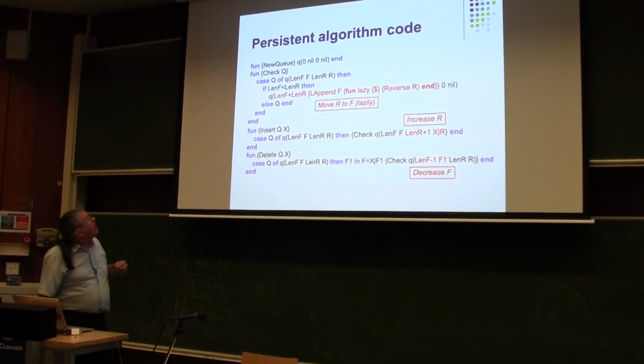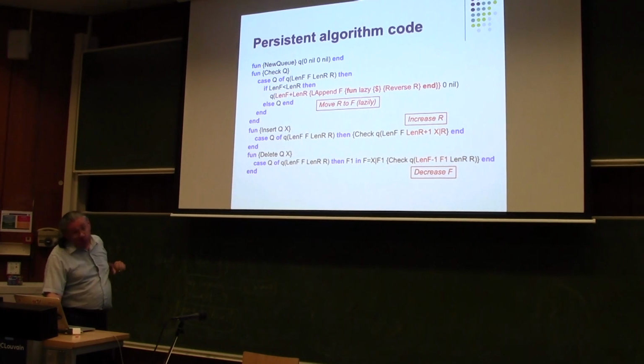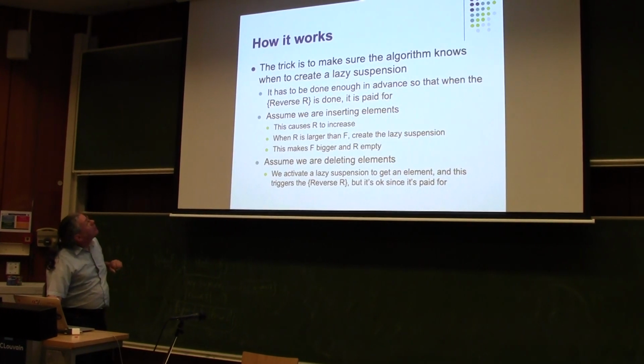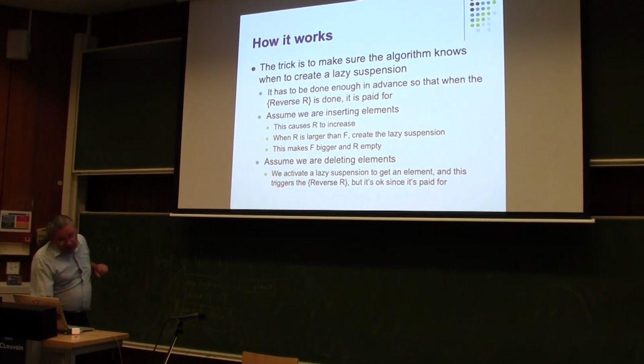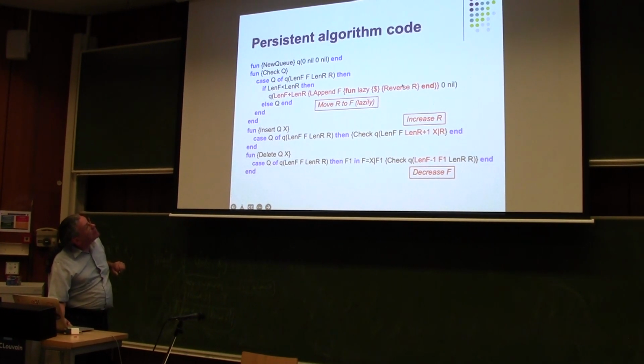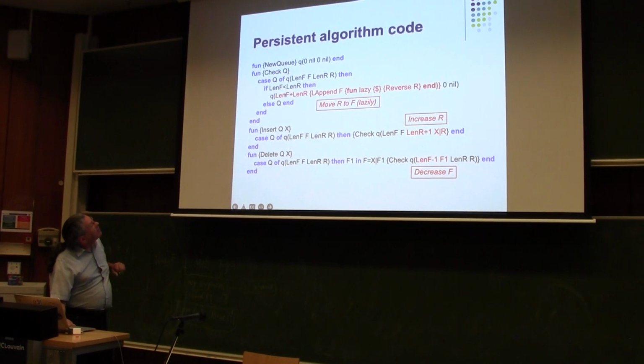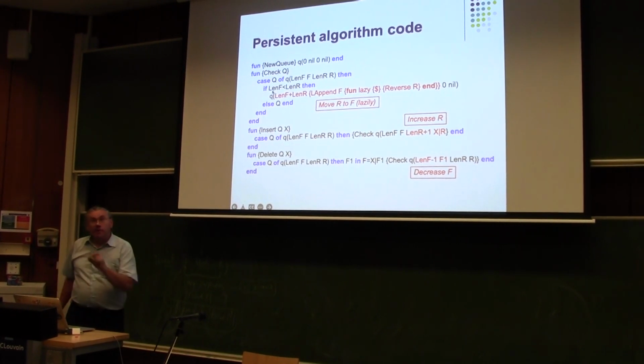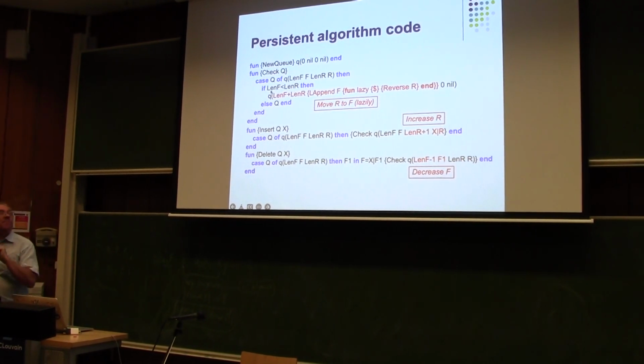I'll show you an example of how it works. This lazy suspension is going to do the work, so you see that it works. The trick is, when do you do it? You have to do it at a smart time.